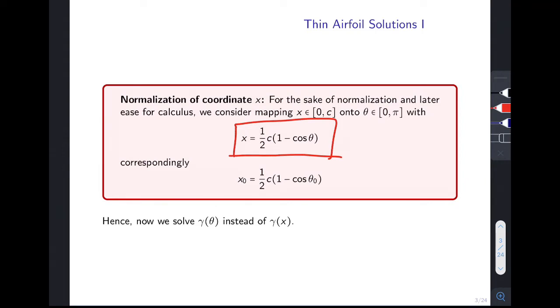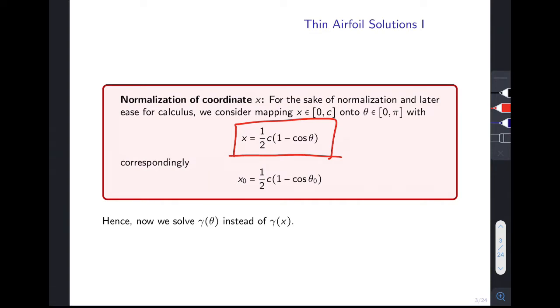Because cosine 0 is 1, so 1 minus 1 is 0, and x starts from 0. If theta is pi, cosine pi is minus 1, so 1 minus minus 1 is 2, and 1 over 2, c times 2 is c. So when theta equals pi, x equals c.